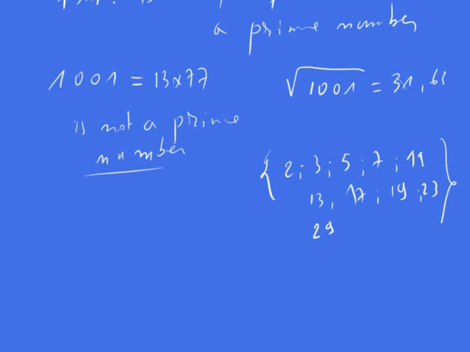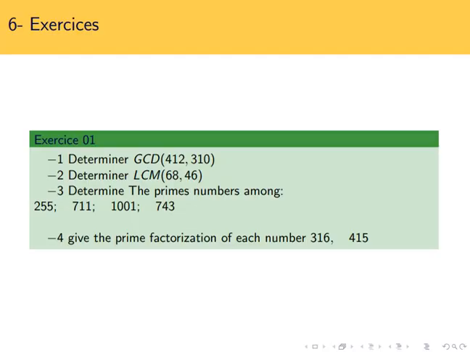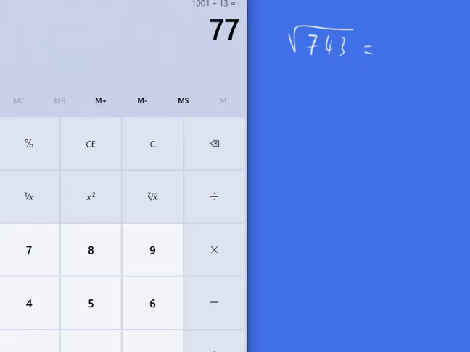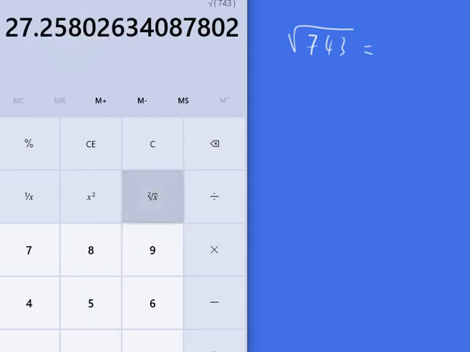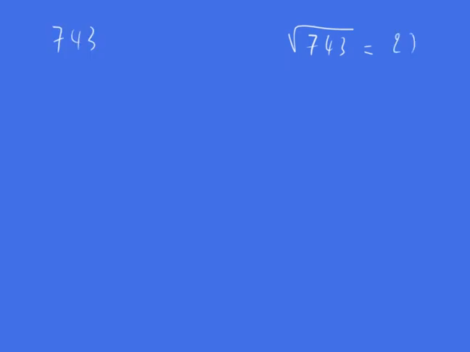The last one is 743. The square root of 743 is about what? 743 in square root is about 27, and some fraction.